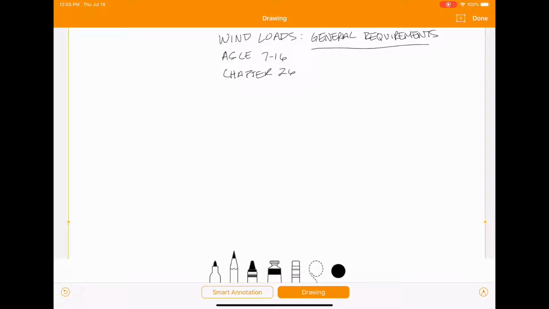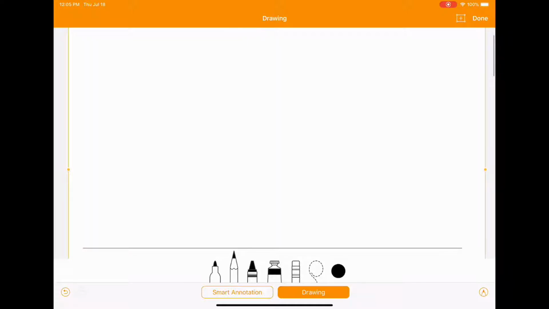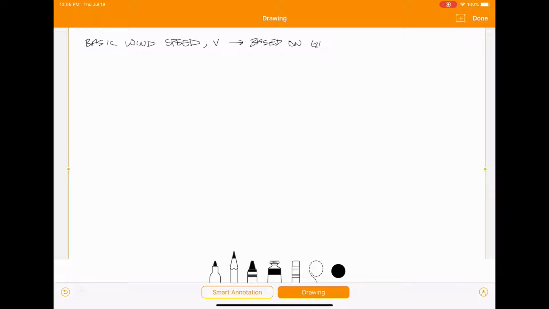So the first thing that you're going to want to find, as pertaining to wind loads, is your basic wind speed, which is denoted by a capital V. And this is based on your geographical location, and they're given in miles per hour.